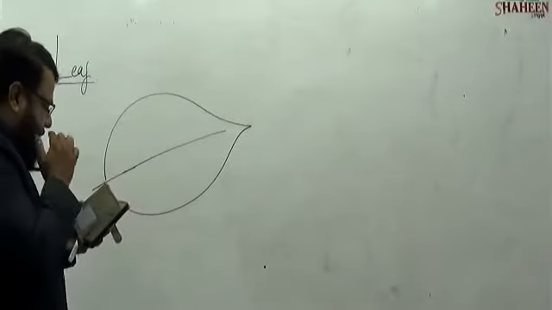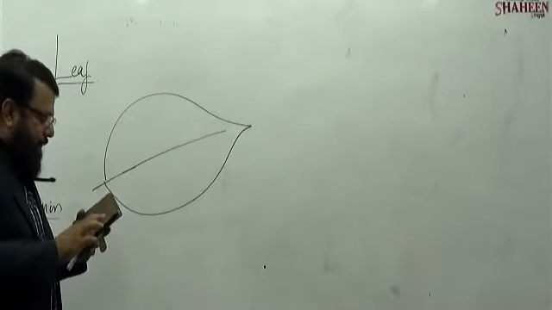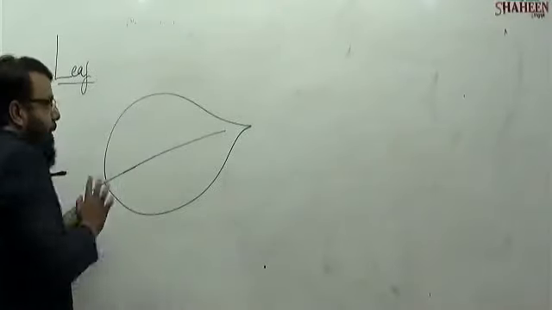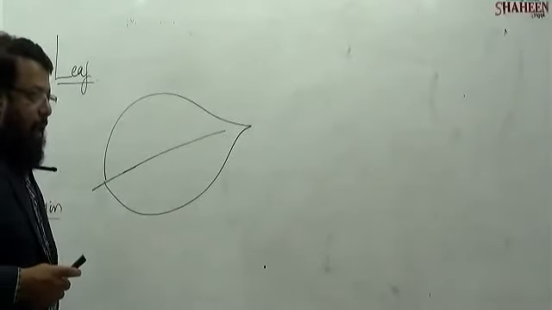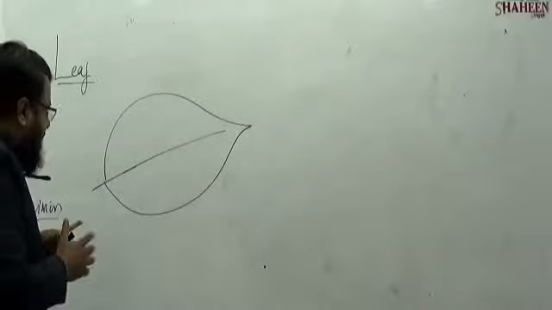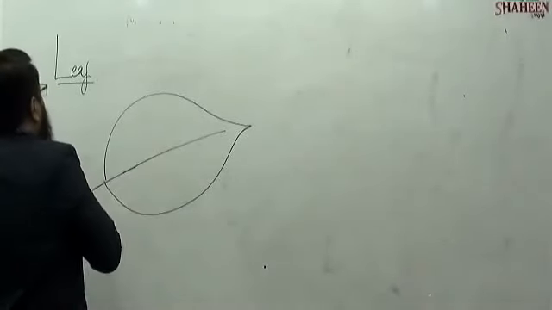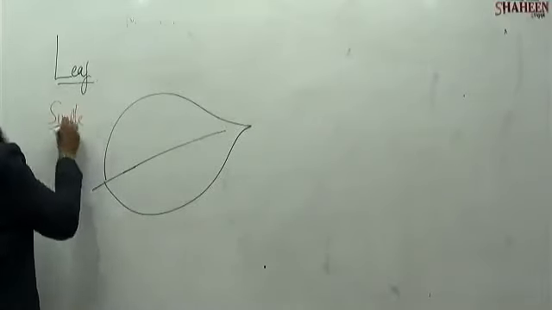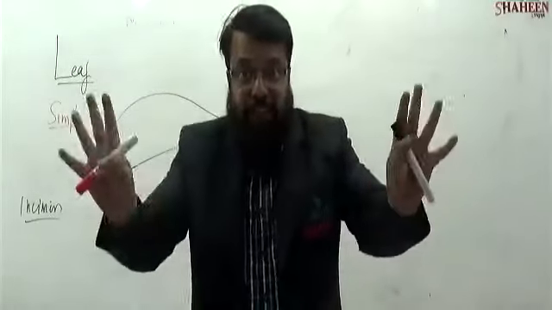Midrib and lamina. Two parts I have written here, midrib and lamina. Now observe here. Whenever this type of leaf is found, it is called a simple leaf, where the leaf lamina is not disturbed.